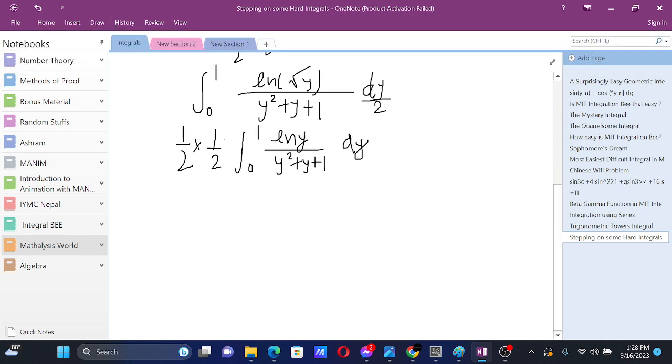Now if there was no log term, we could have used the completing square method, but for this it won't work, so we are going to use some other ways. One way to reduce this into a nice expression is to multiply numerator and denominator by 1 minus y, and in that way this will be a minus b times a square plus ab plus b square.